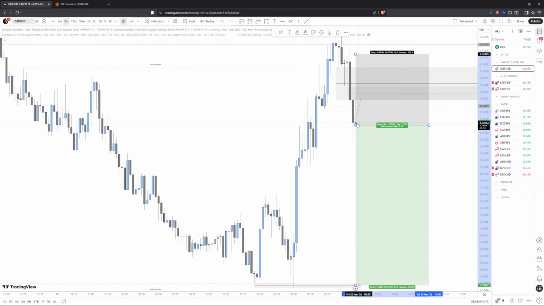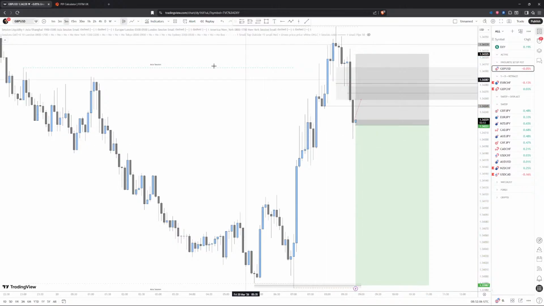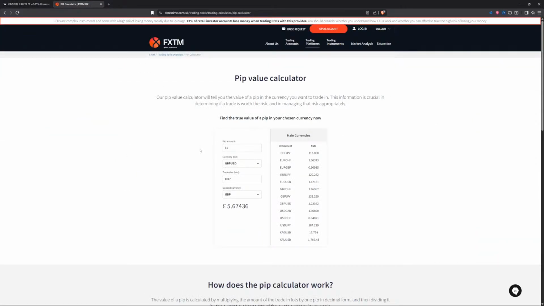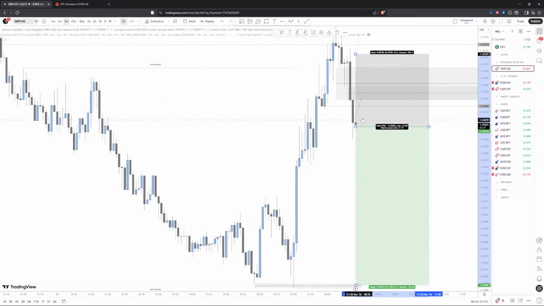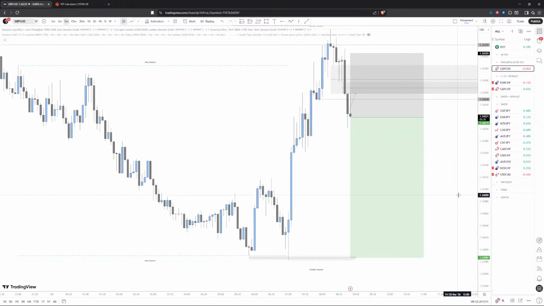GBP USD. And then we set our stop loss. Make sure that's set correctly. And our TP is down here as well. 1.33987. Yeah, I'd like to round it up, so I'll put 99.